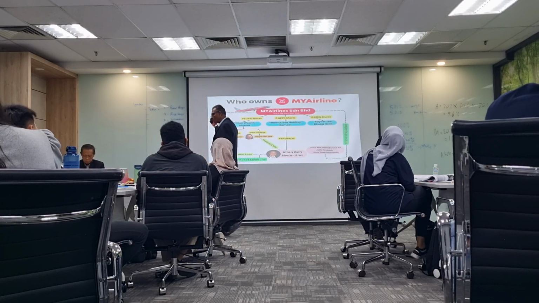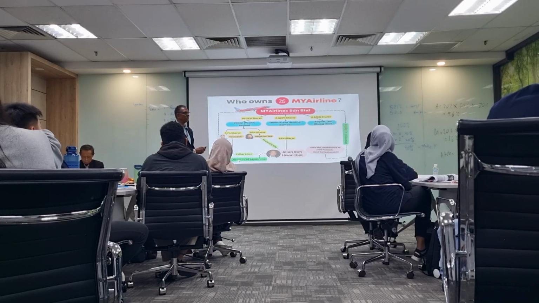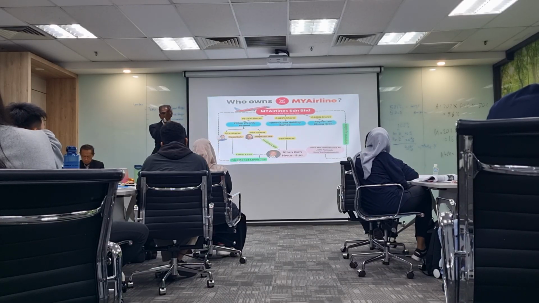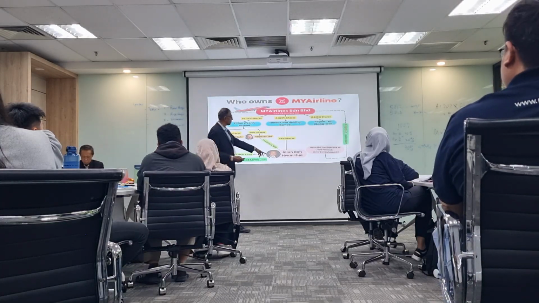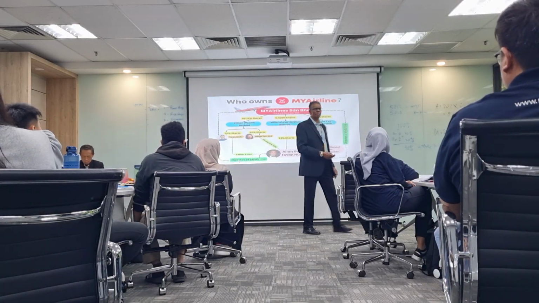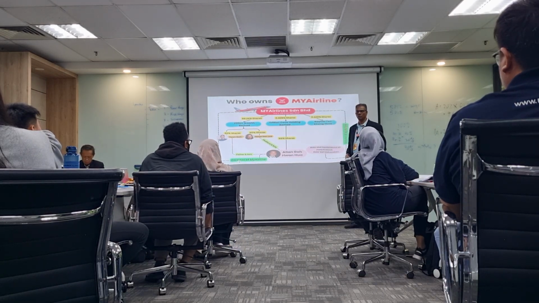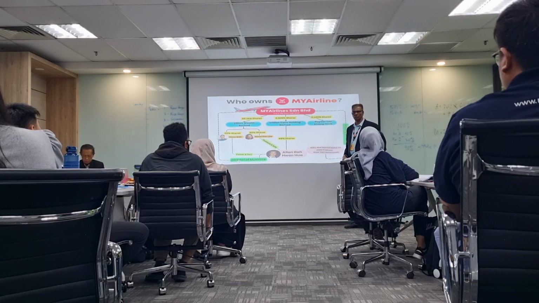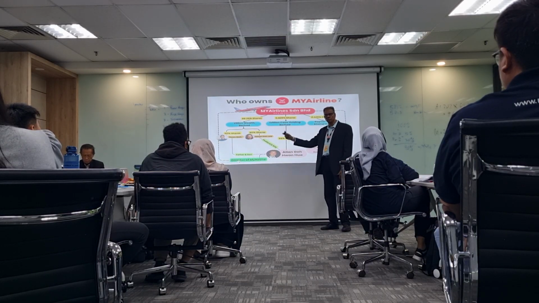So that's why I said knowing the people behind the company is so important. The beneficial owner is so important. If this person was not the beneficial owner, this thing would not have happened. You know why? Because somebody is financing the company. But this guy is the one who's actually financing it.